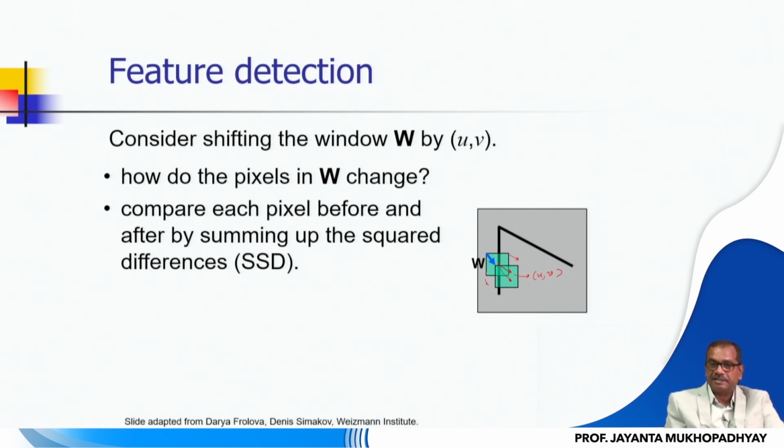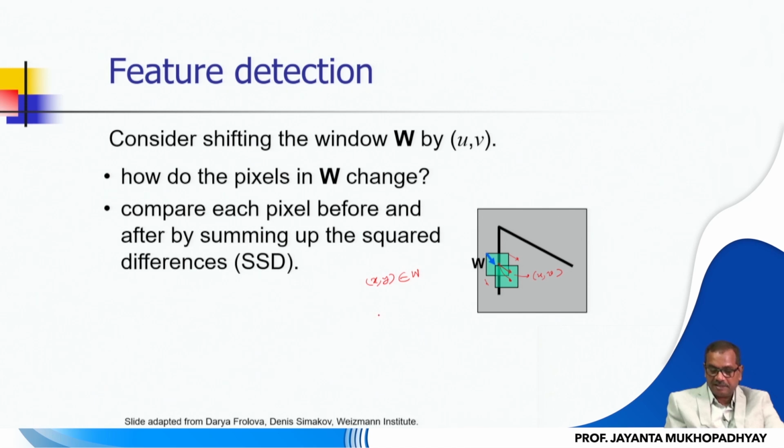So how do you express the sum of squares? Say this is a pixel. Whatever pixel is there in that window, let me express the coordinate of this pixel. Any pixel is an element of that window. So w, let us consider it a set of pixels.